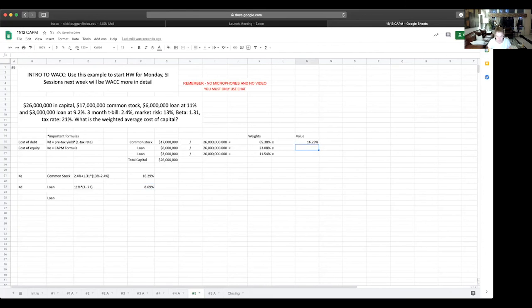Again, I just reference it. Now we're going to do the second loan, and you'll have 9.2% times 1 minus 0.21. For this one, you end up with 7.27%.